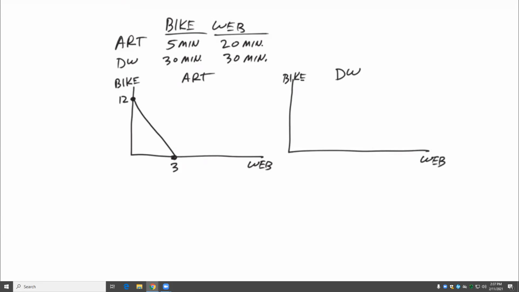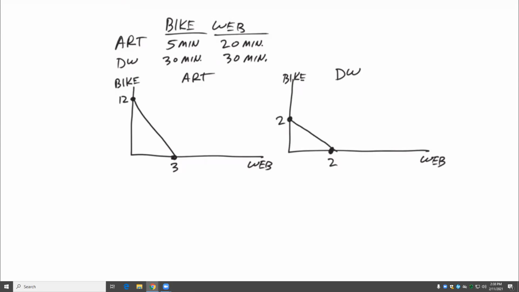Well, if she can do 1 in 30 minutes, that means she can do 2 in an hour. And the same with web page production. She can do 2 per hour. Again, we'll assume a linear relationship. There we are. There's DW's production possibilities curve.